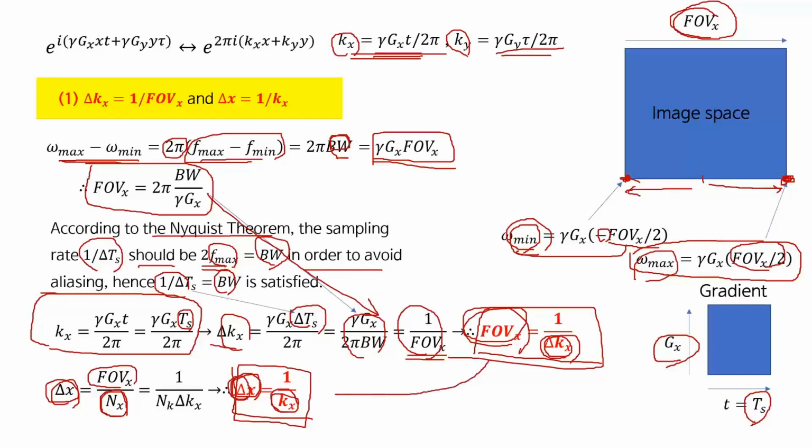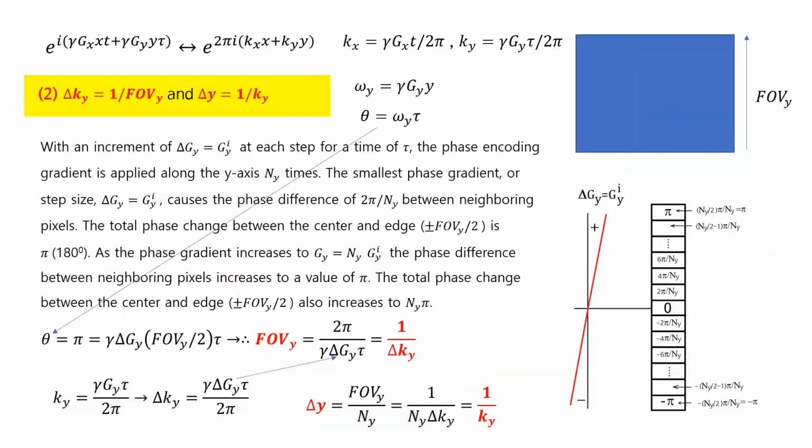So we can get these two relationships in the x direction. Let's consider the y direction. In the image space, the size of the image along the y direction is FOVY.